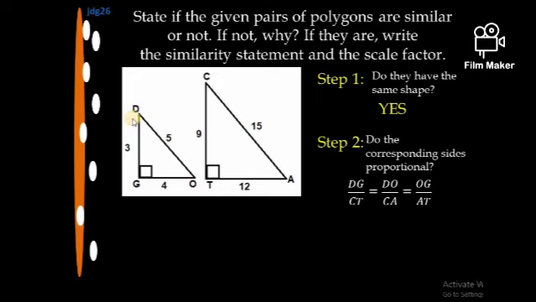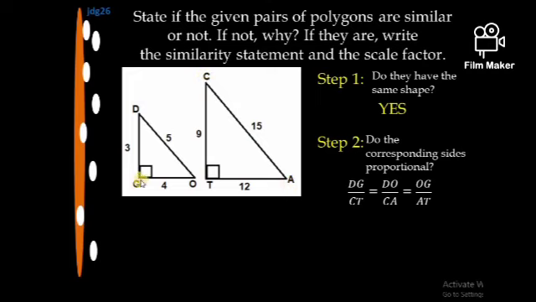Okay, una ay smaller over bigger. So, DG, ang corresponding size niya sa bigger ay segment CT. Mula sa smaller, DO, ang corresponding size niya sa bigger ay CA.